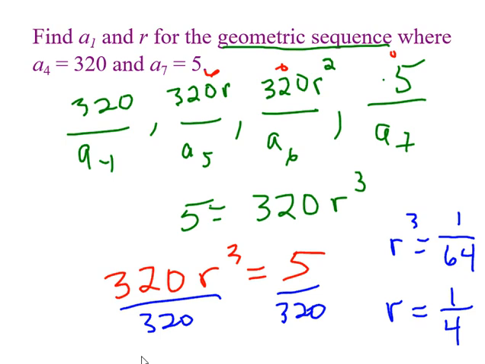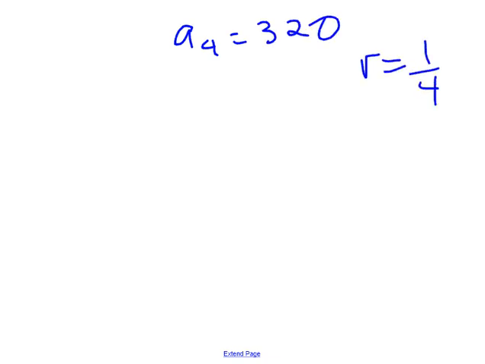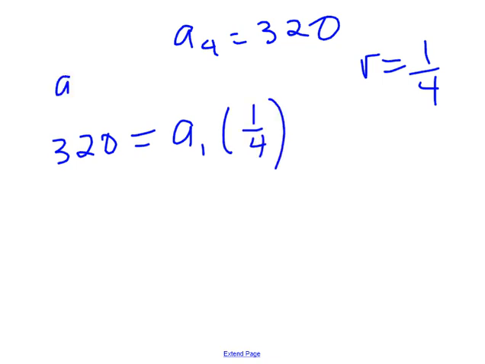A couple options: I know that A4 is 320, and I know that r is 1/4. Well, I know that A_n, so A4, is my first term, which is what I'm trying to find, times my ratio to the n minus 1, so basically cubed.